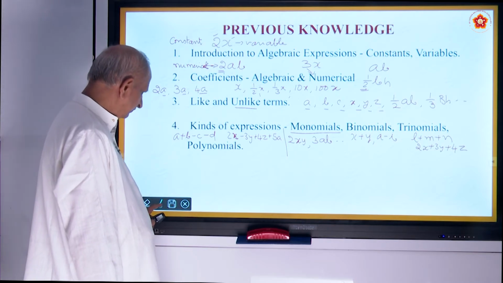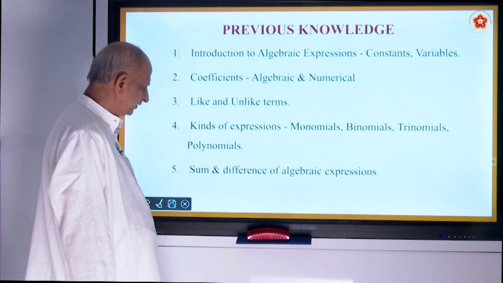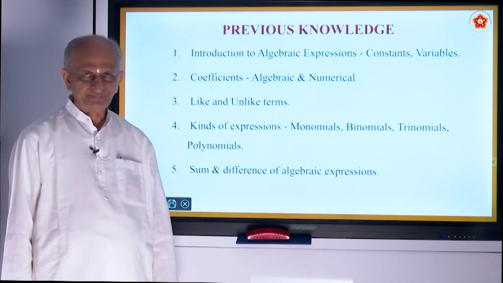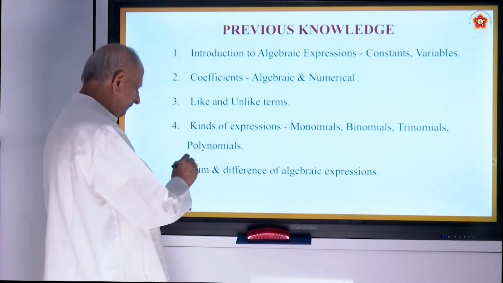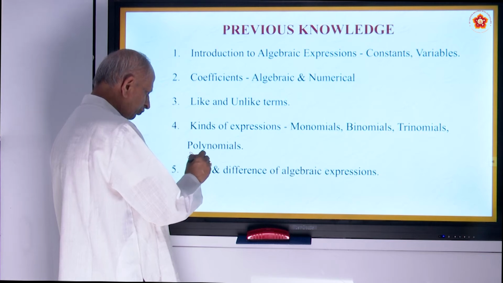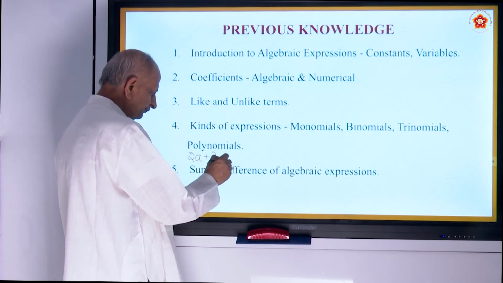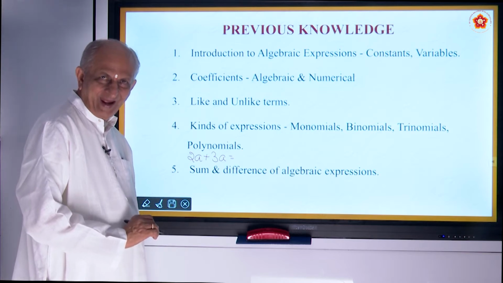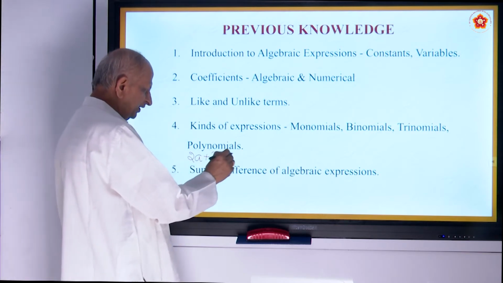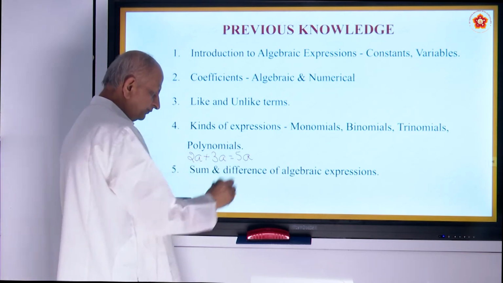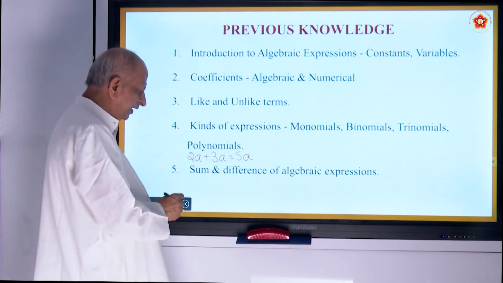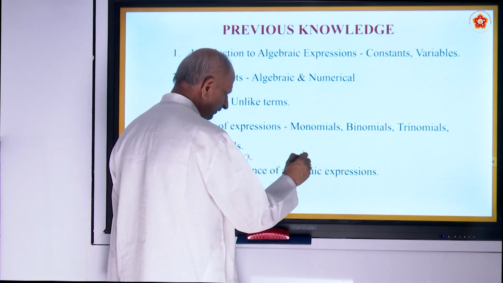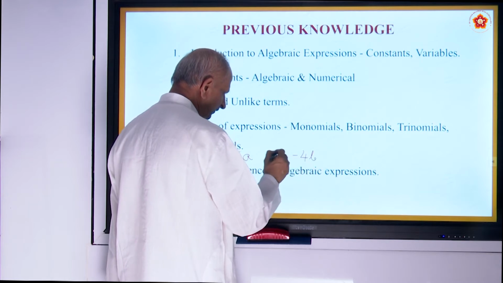Now in today's class, we will study some more details about it, and also sum and difference of algebraic expressions. That also you have studied. For example, if you have 2a to be added to 3a, the sum will be how much? How to do it? Add the coefficients 2 plus 3, that is 5a. And difference means what? Suppose you have to subtract 4b from 7b.